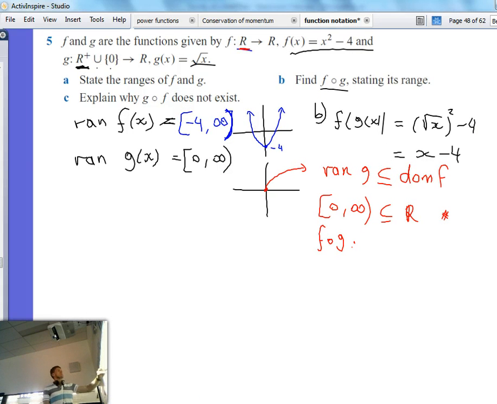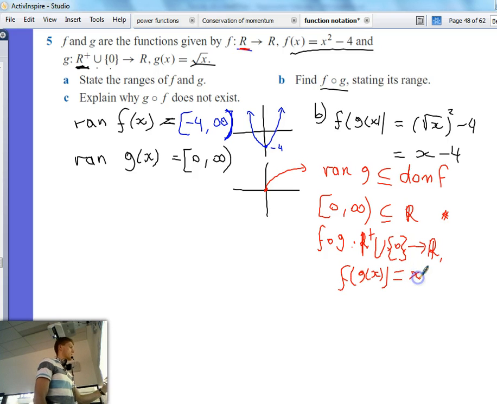Our inside function is g of x, so the domain of g of x becomes the domain of f of g. Positive real numbers with element 0 goes to the codomain, for f of g of x equals x minus 4. And there we have it. So we've found f of g.